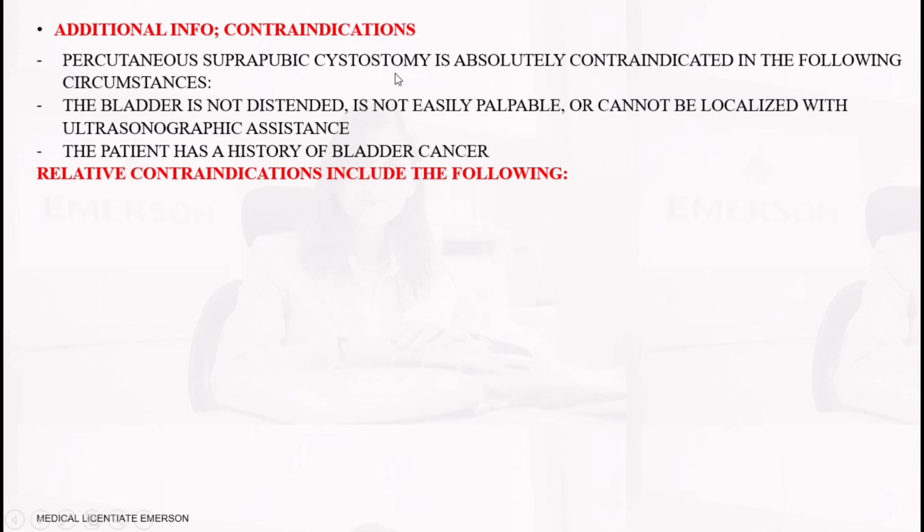So percutaneous suprapubic cystostomy is absolutely contraindicated in the following circumstances. One, when the bladder is not distended, or is not easily palpable, or cannot be localized with ultrasonographic assistance, or the patient has a history of bladder carcinoma. So that's why we put it on the absolute contraindication.